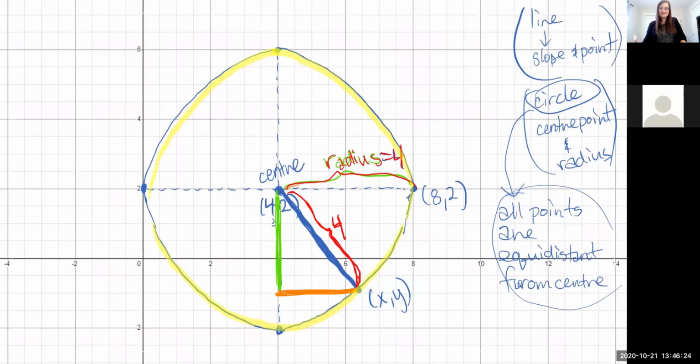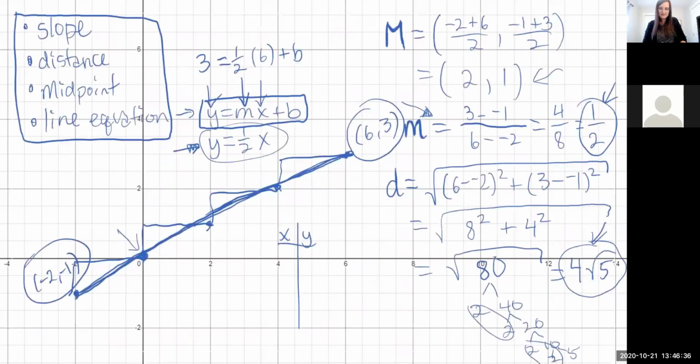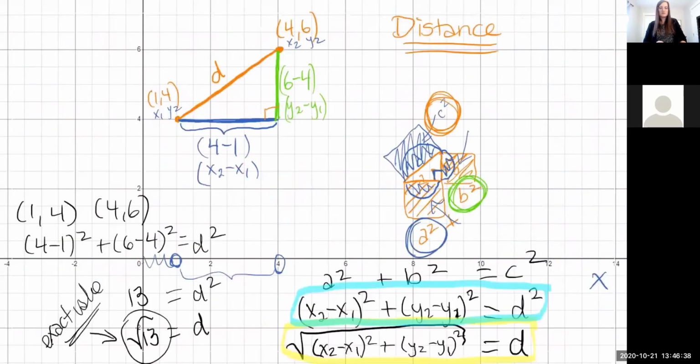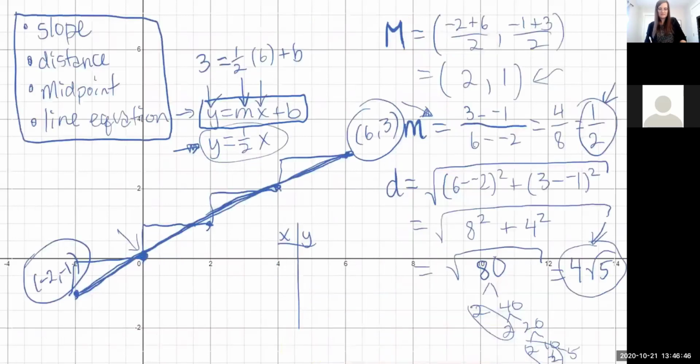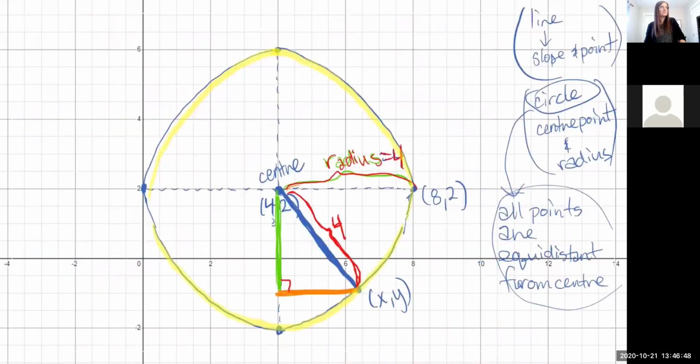So now, don't I have a very familiar looking shape here? It is again a right triangle. So just like before, when we were looking at distance between 2 points and we used the Pythagorean theorem, we can use that exact same strategy here to define a circle, right?